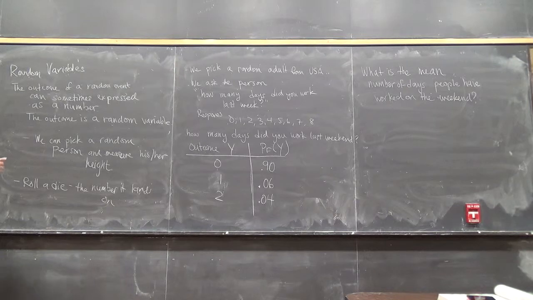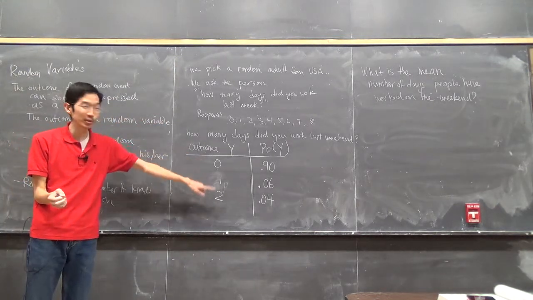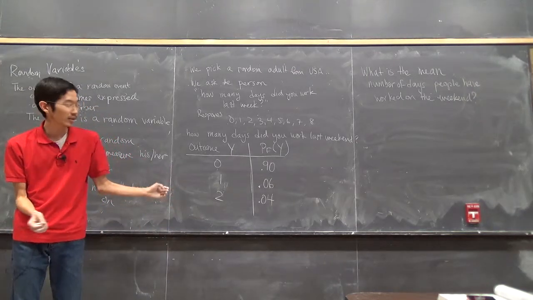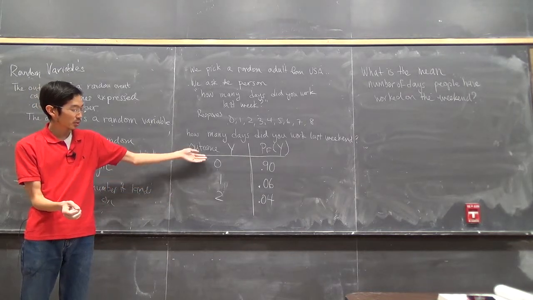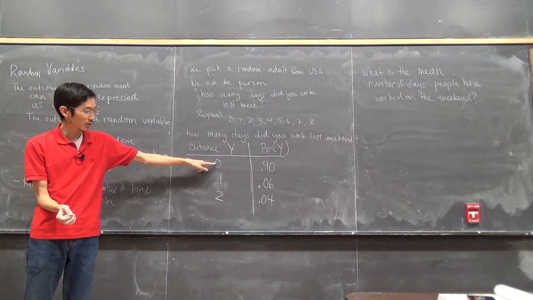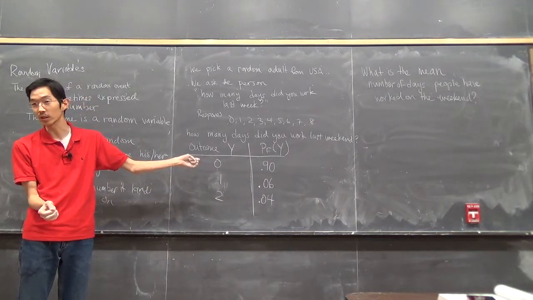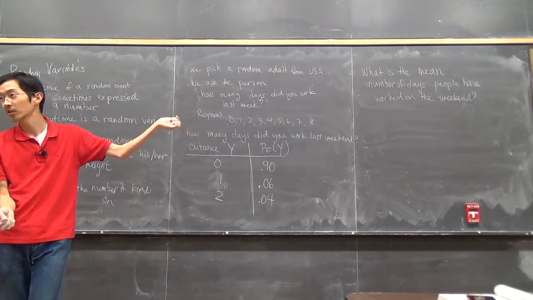Because if I do 0 plus 1 plus 2 and I divide by 3, then yes, I would get 1, but that would not be an accurate reflection because 0 does not show up with the same frequency as 1 or 2. It shows up much more frequently, okay? So we have to do a weighted average.